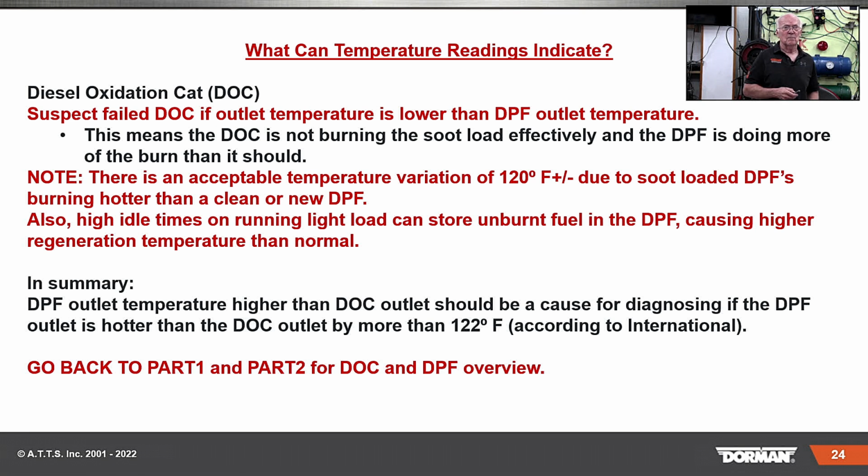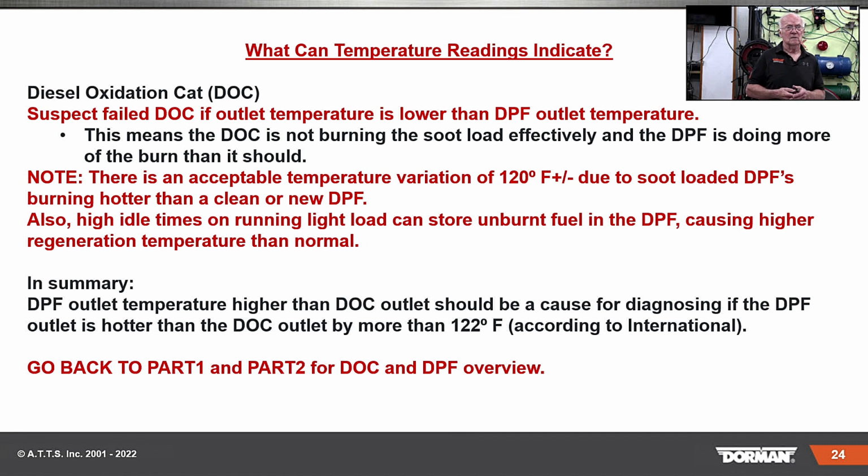There's an acceptable temperature variation. This part, with the 110 and everything, I got out of International, because I tried to look at everybody's a little bit, so I can't just throw in everybody's variations. So just so you know, that was from International. Note there's an acceptable temperature variation of 120 degrees Fahrenheit plus or minus, since soot-loaded DPFs burn hotter than a cleaner new DPF.